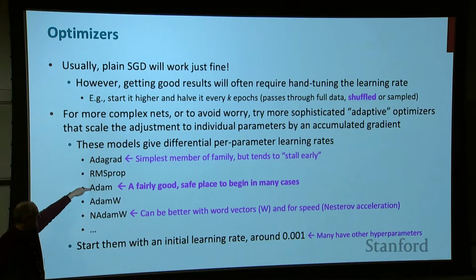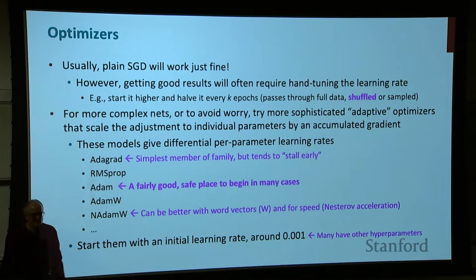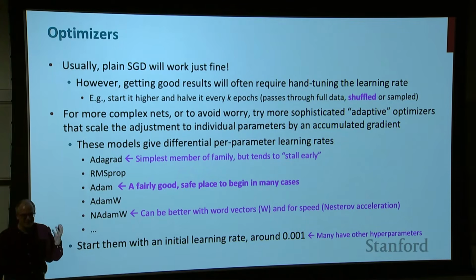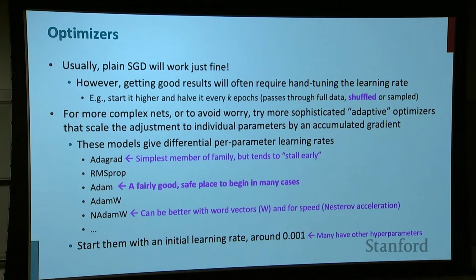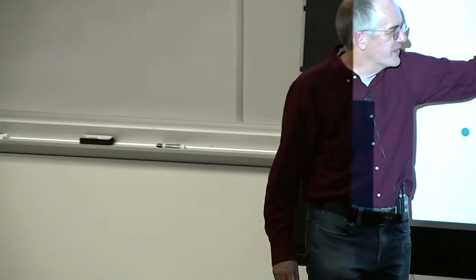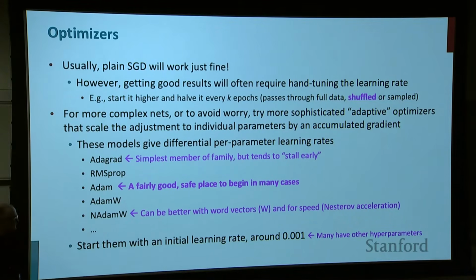But in a way, our word vectors have a special property because of their sparseness, that you're very sparsely updating them because particular words only turn up occasionally. So people have actually come up with particular optimizers that have special properties for things like word vectors. And so these ones with the W at the end can sometimes be good to try.